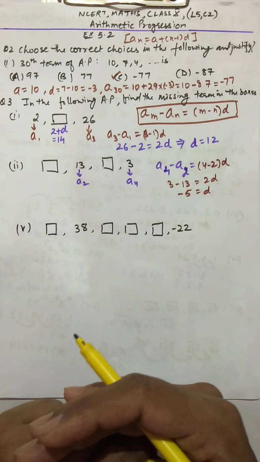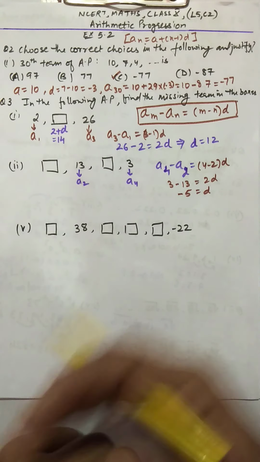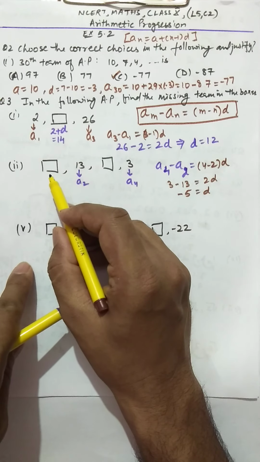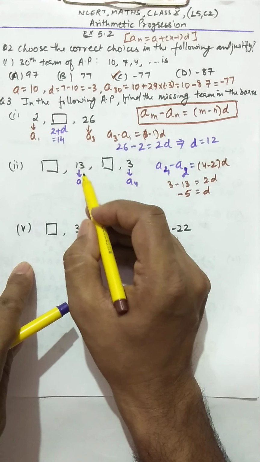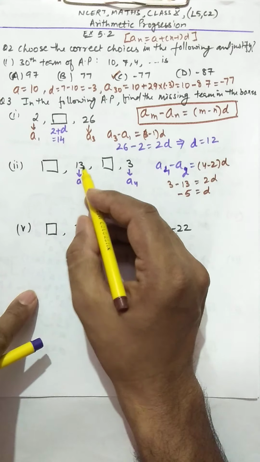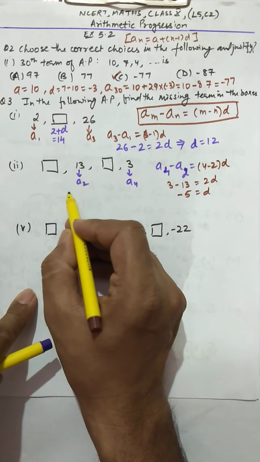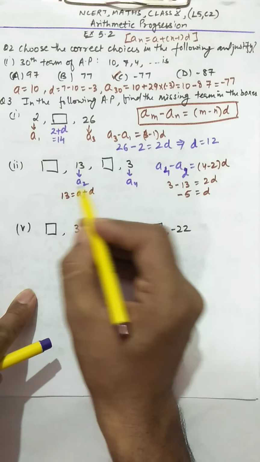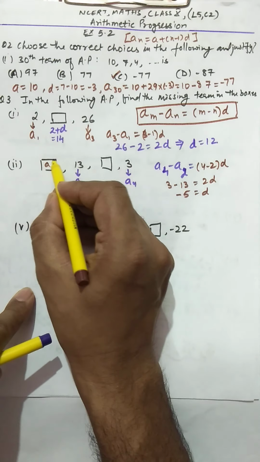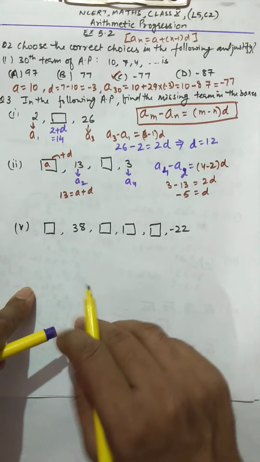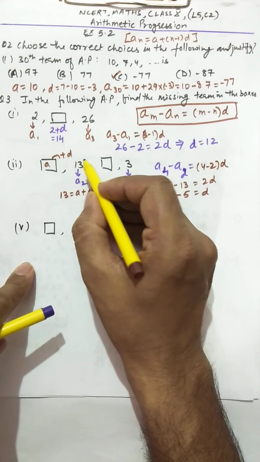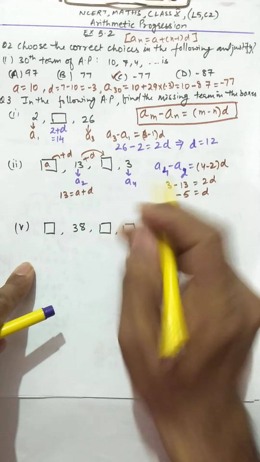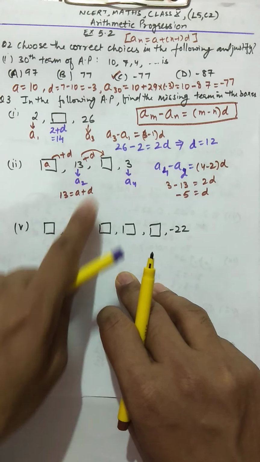Once you get d, the rest of the things are very easy. You know, this is your a and this is your a plus d. So a2 is 13, which is a plus d. If it is a and you add d, you get a plus d, and if you add d again, you will get a3.